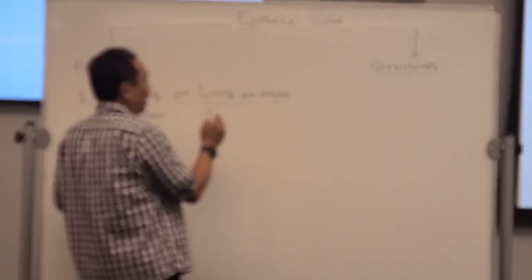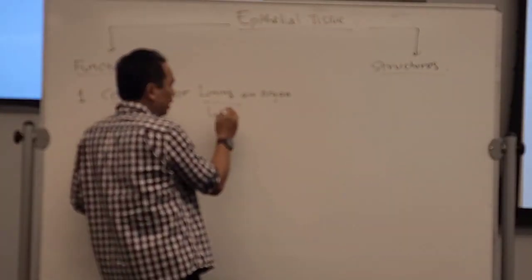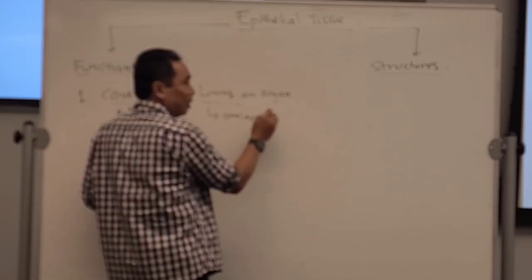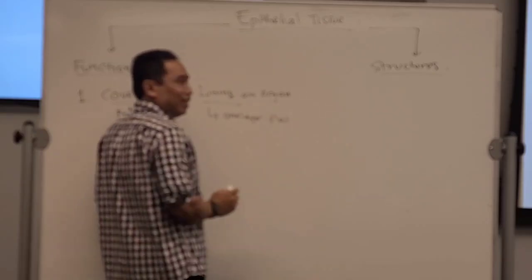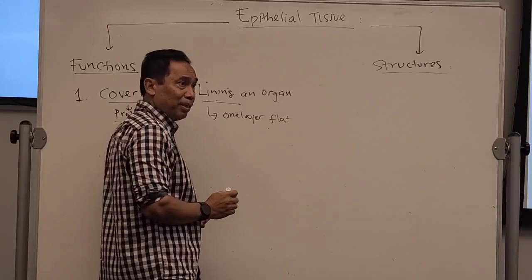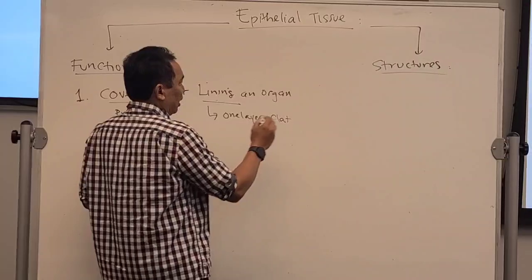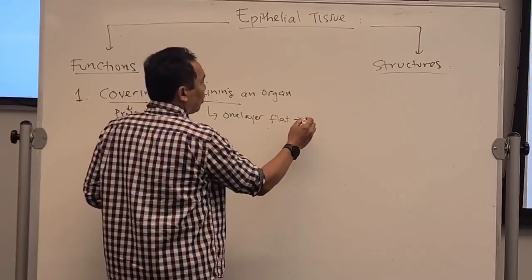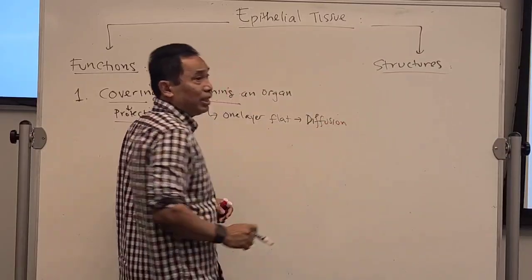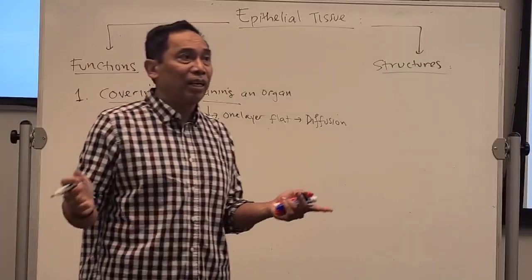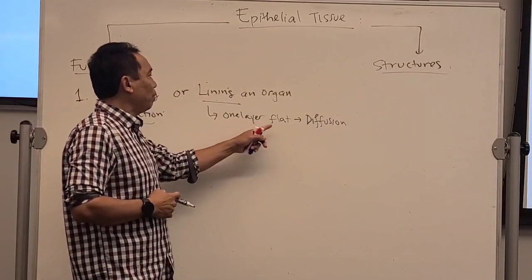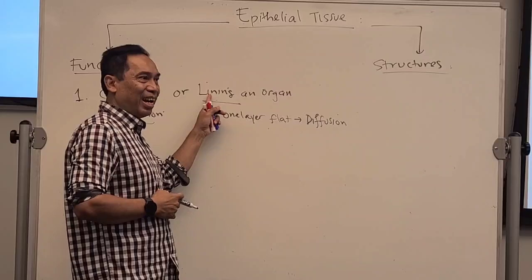If the epithelial tissue is simple, it means only one layer of flat tissue, like in the lung alveolus, then the function is mostly for diffusion, which is exchanging gas, carbon dioxide and oxygen. It goes through the one layer of flat tissue that's lining the alveolus.